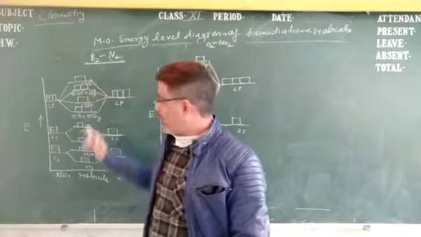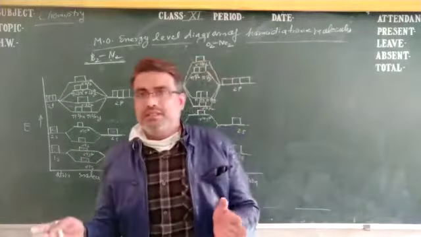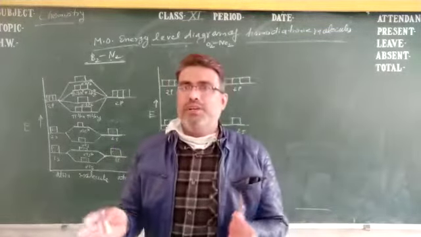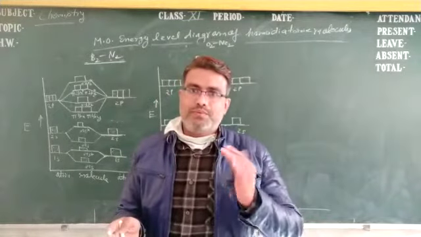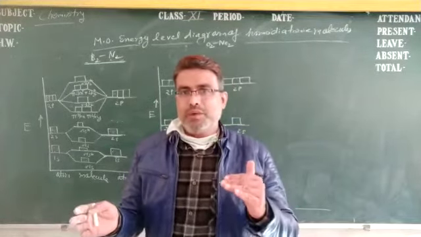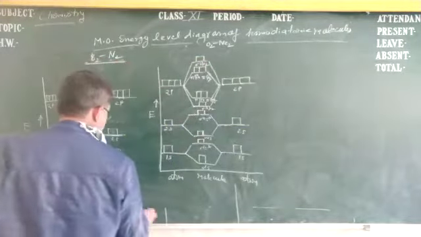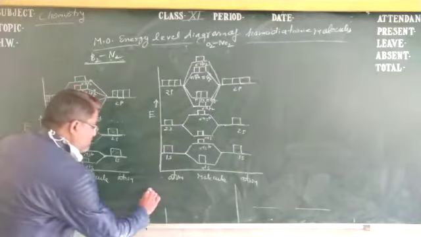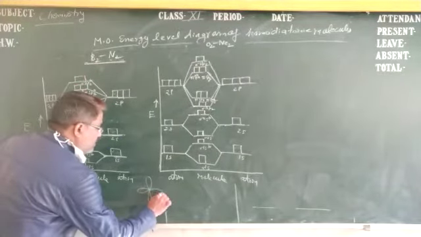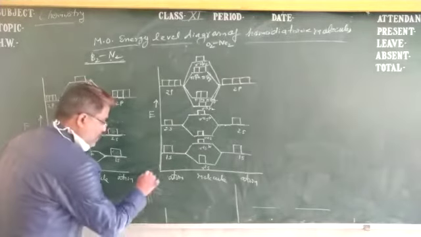So you can understand this: when there is a combination of the p orbitals, two types of bonds are formed, a sigma bond and pi bonds. Suppose we have these p orbitals, the three types px, pz and py.